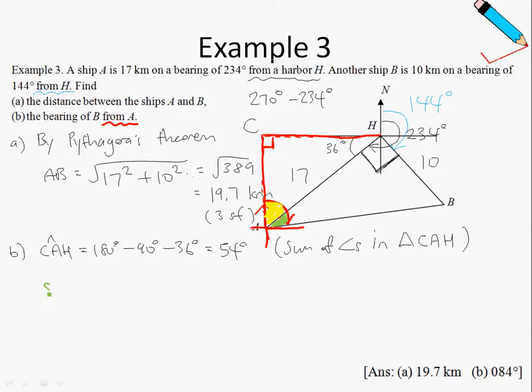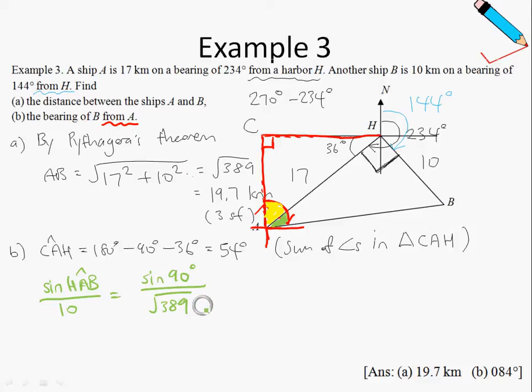So the green angle is HAB. The sine of HAB over 10 equals sine of 90 degrees over AB, and AB is just the square root of 389.